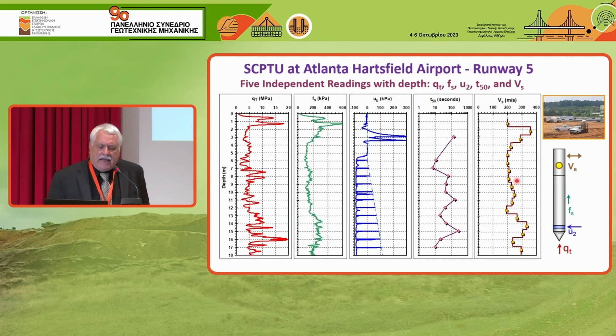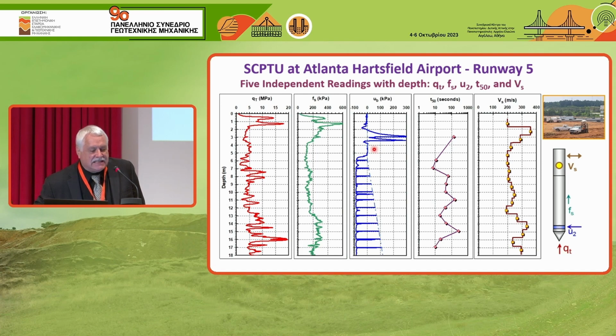Here at the Atlanta airport, we could collect the dissipation. It's sort of like a push-in piezometer. You can see when we hit the water table in my geology, the pore pressures go negative, almost cavitation, minus 95 kPa.